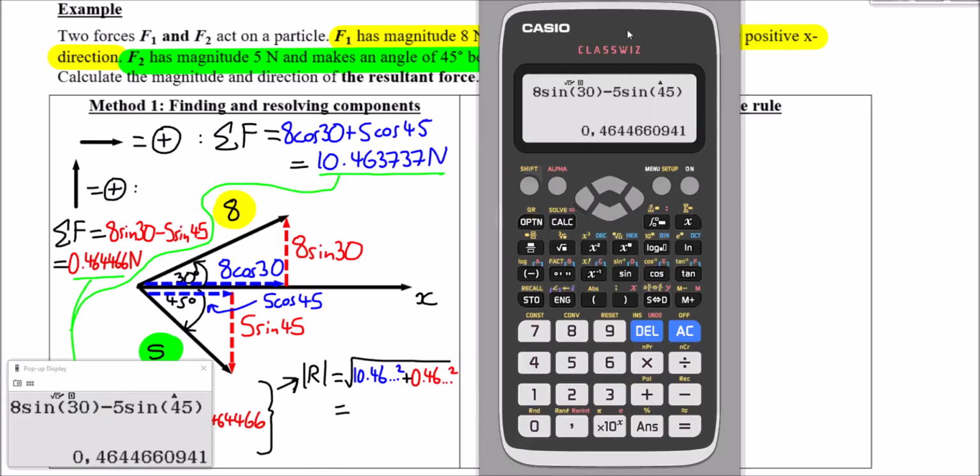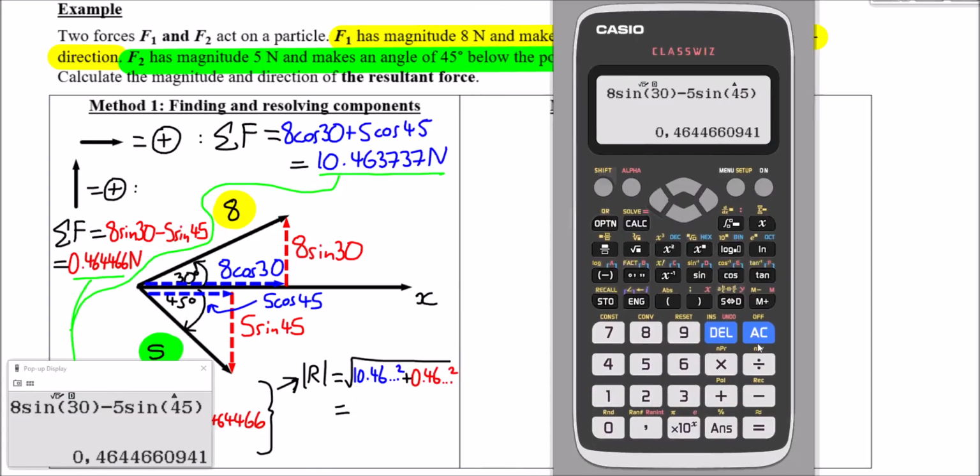So if you calculate this, square root of 10.463737 plus 0.464466, make sure we square both of these as well.